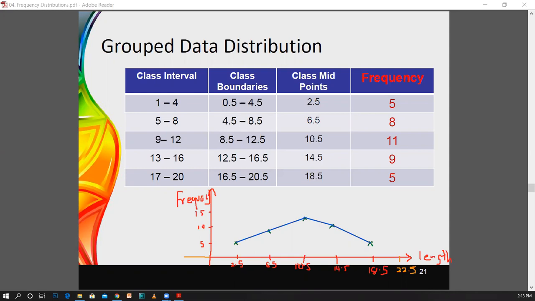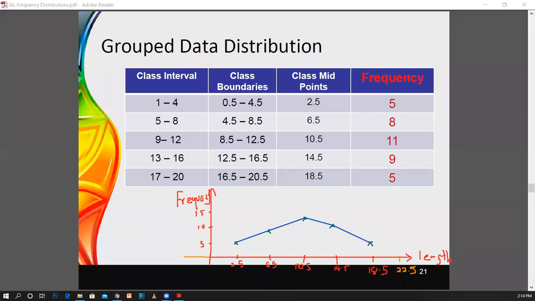It is because we are not defining a length for the negative direction, but normally what we do is add one class width to the last midpoint and subtract one class width from the initial class midpoint. Then you can connect them with the x-axis.